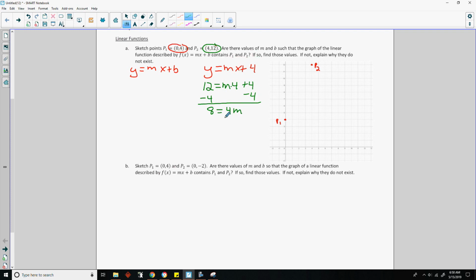I divide by 4, and I'm left with m equals 8 divided by 4, which is 2.